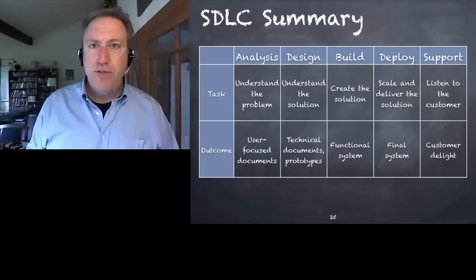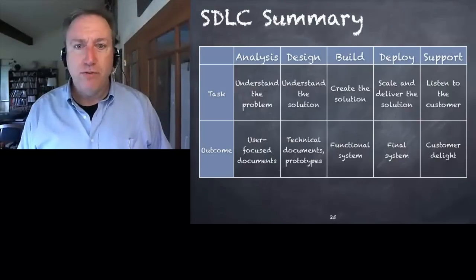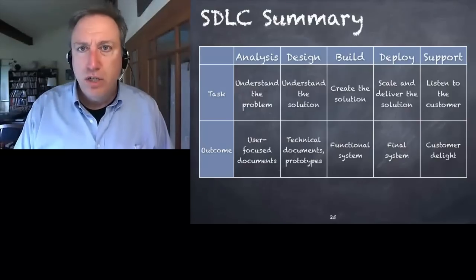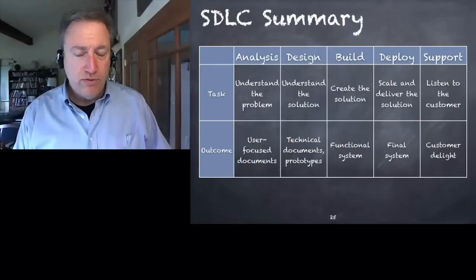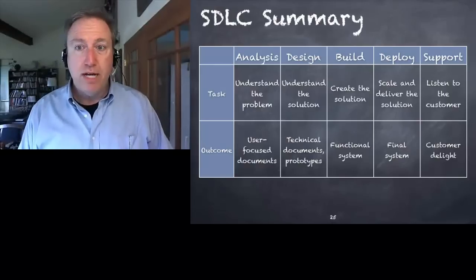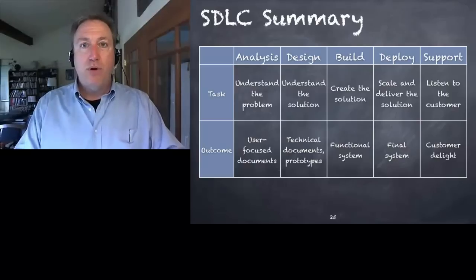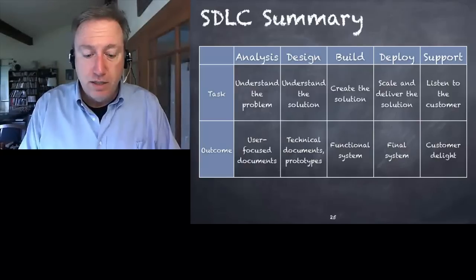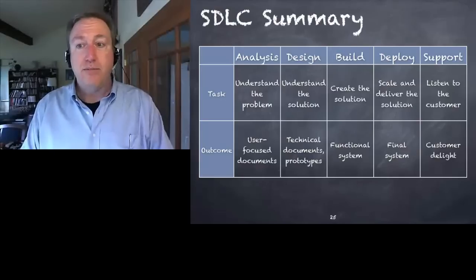Each of these phases has unique kinds of outcomes or deliverables. User documents, things that are in the user's voice, technical documents and prototypes. Eventually you get to the point where you've got a functioning system and you can hand that to customers.